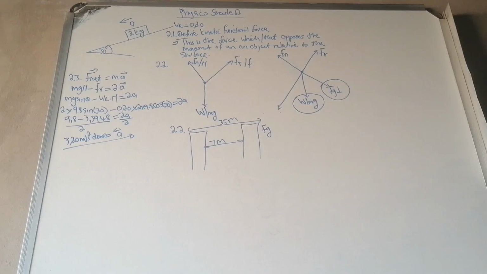And then they say FG inner walls must be 25 times the force that is exerted on outer walls.